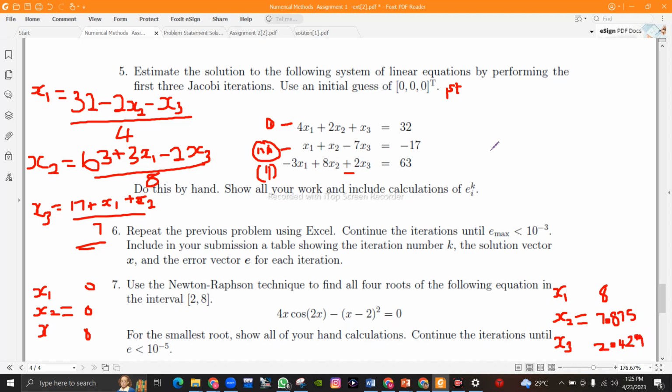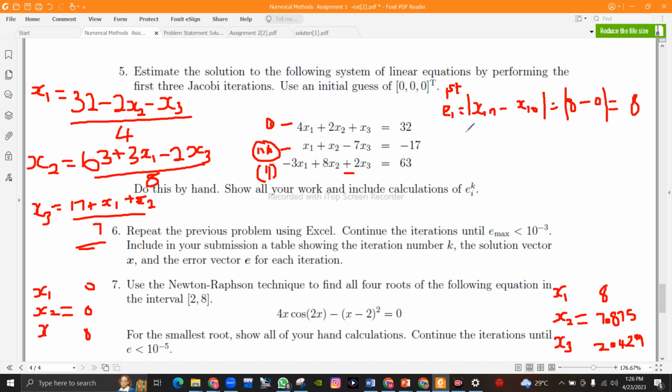What's the formula for the error 1? Error 1 is equals to the absolute value of x1 new minus x1 old. What's our x1 new? That's 8 minus 0. So the error 1 is 8.